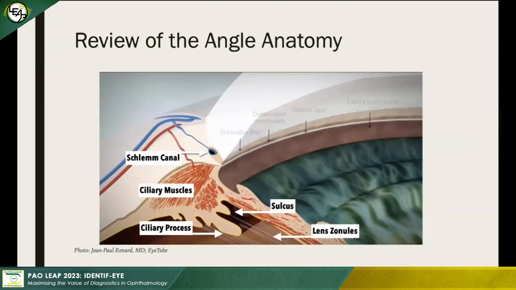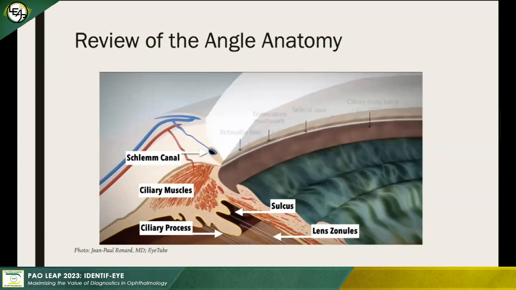So here's a cross-sectional view of the angle structures, which visualize structures on frontal view of the angle. So you have the Schlemm's canal. This is where it's adjacent to the trabecular meshwork. It's where aqueous drains before draining to the collector veins. Then you have the longitudinal ciliary muscles that are attached to the scleral spur.